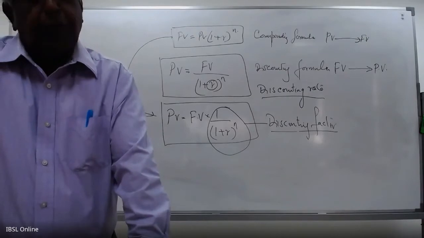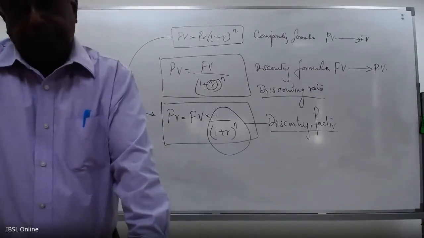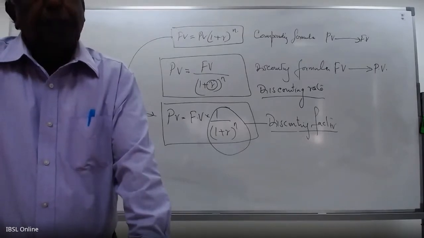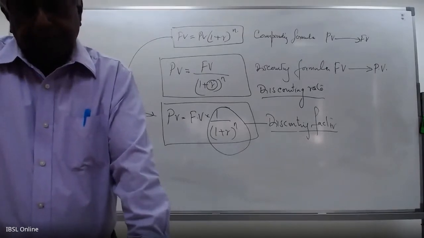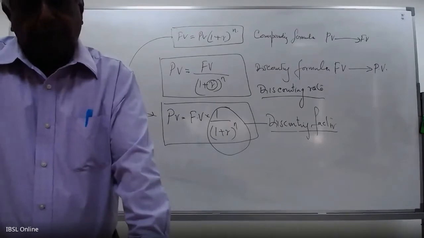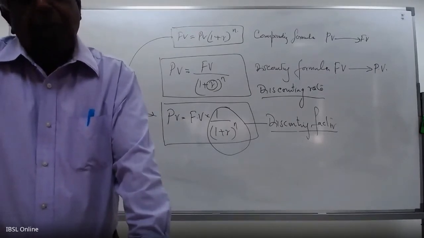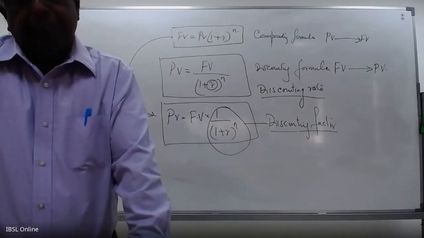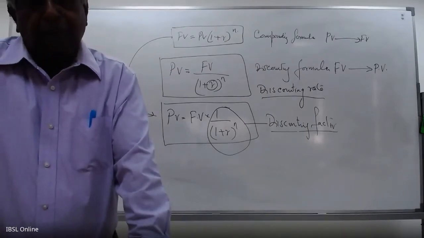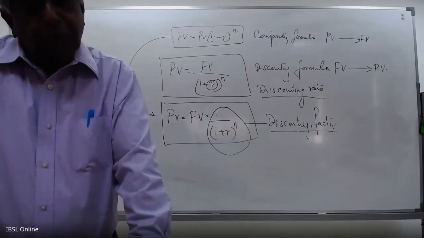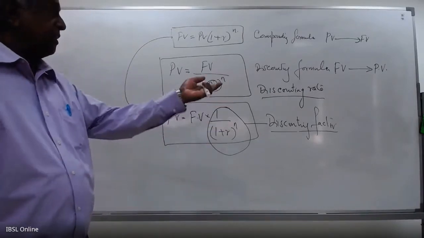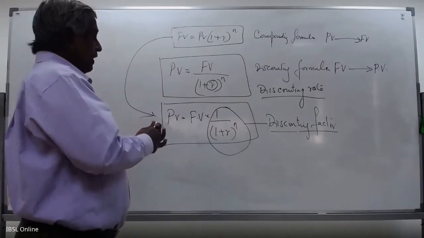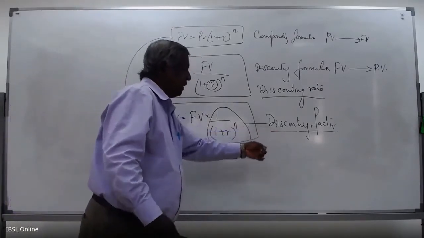Similarly, what do you mean by discounting? Discounting is a technique of converting future value into present value of money. Compounding rate: the interest rate applicable in the compounding technique is the compounding rate. And now you know discounting factor.